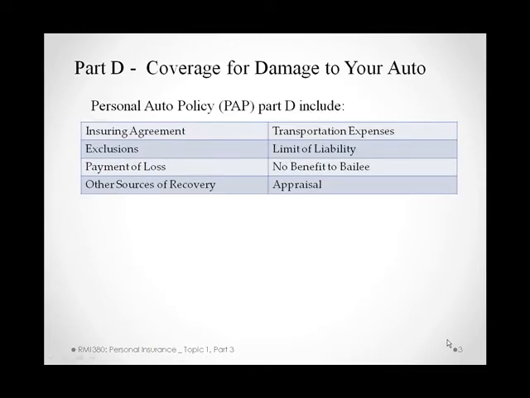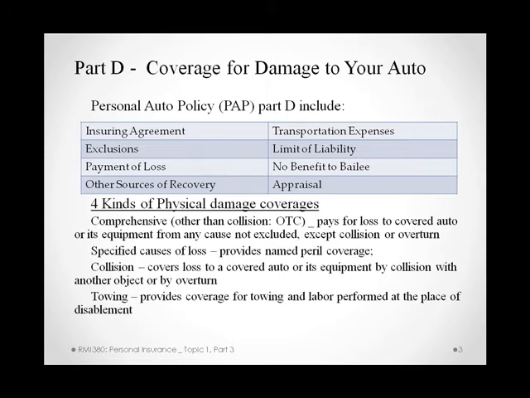Part D includes the following elements, and it covers 4 kinds of physical damage. First, there's comprehensive coverage. Sometimes it's also called other than collision, OTC. In insurance, we don't actually like the word comprehensive because it is not comprehensive coverage, since it only pays for losses that are not due to any collision or overturn.